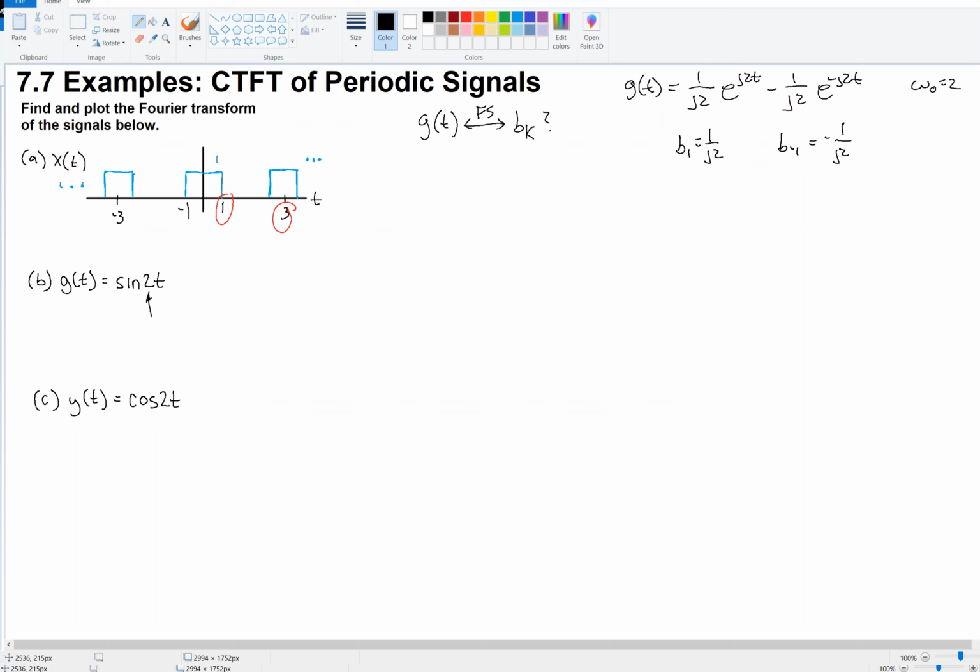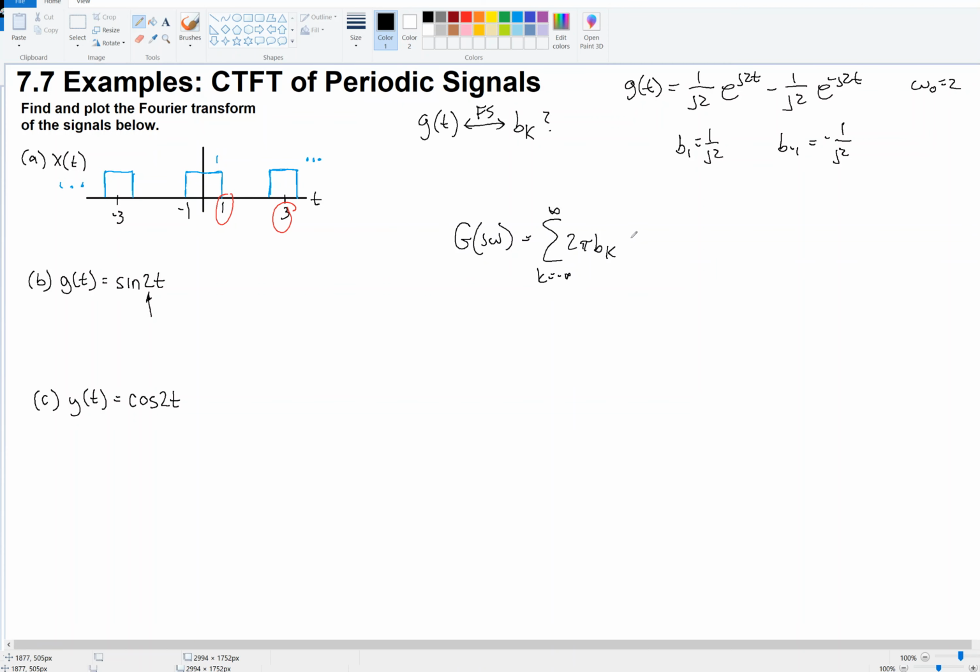Okay, so we've got those coefficients, and so now we want the Fourier transform. So G of j omega, I'm just using capital G here because it's a pair with g of t, but the formula is the same. Sum over k from minus infinity to infinity of 2 pi times b_k, right?